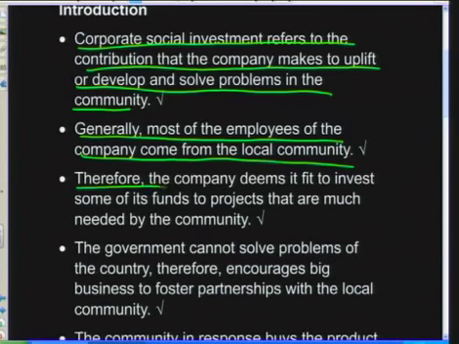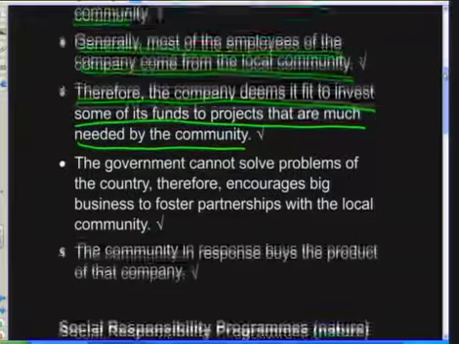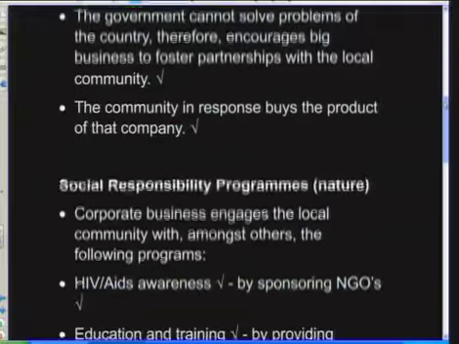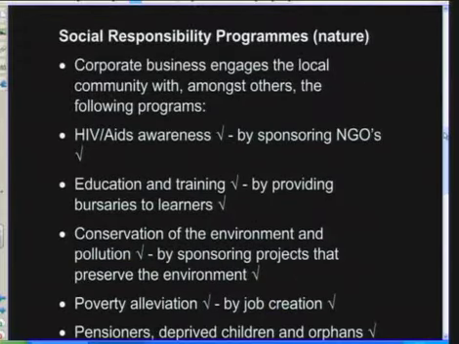So therefore, the company deems it fit to invest some of its funds in projects that are much needed by the community. So you could have any of those things there for your introduction. Now, social responsibility programs in nature. Corporate business engages the local community with, amongst others, the following programs.